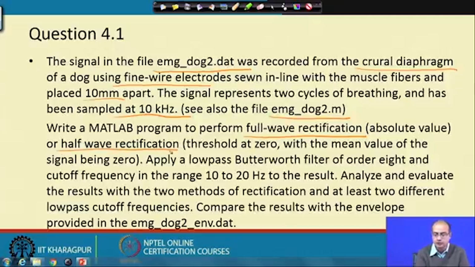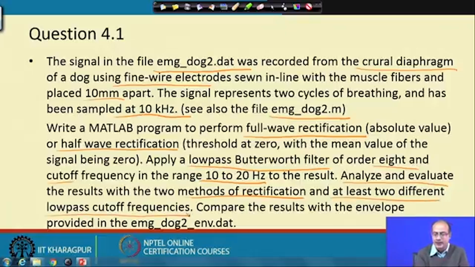In fact, we will do both, and after that we should apply a low pass Butterworth filter of order 8, with cutoff frequency varying from 10 to 20 hertz. We should analyze and evaluate the results of these two rectification techniques at least two different low pass frequencies.